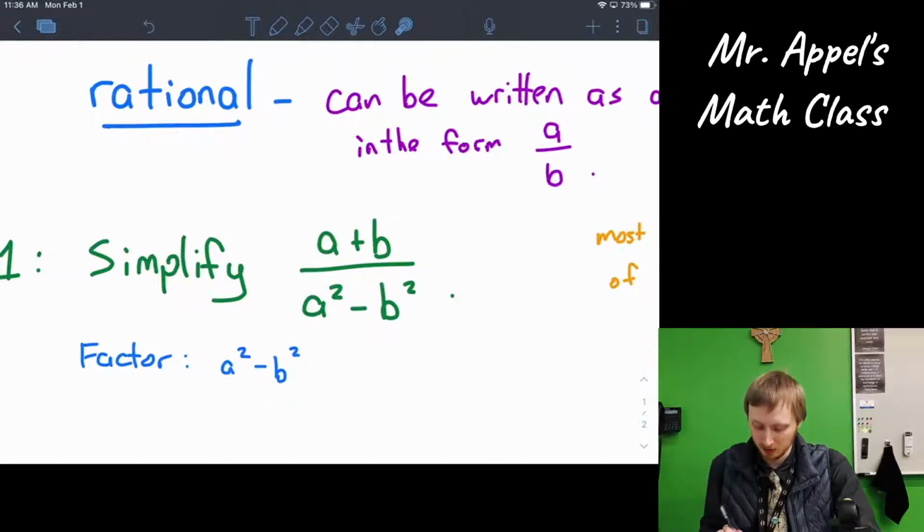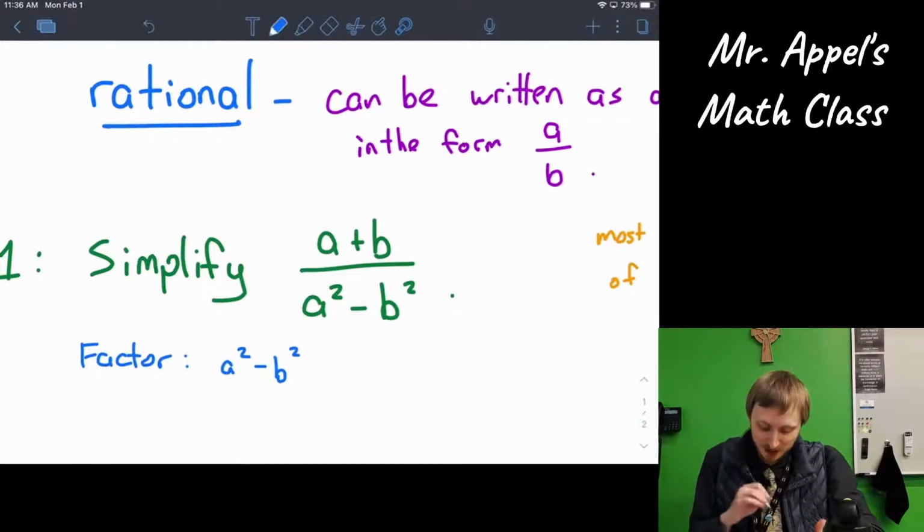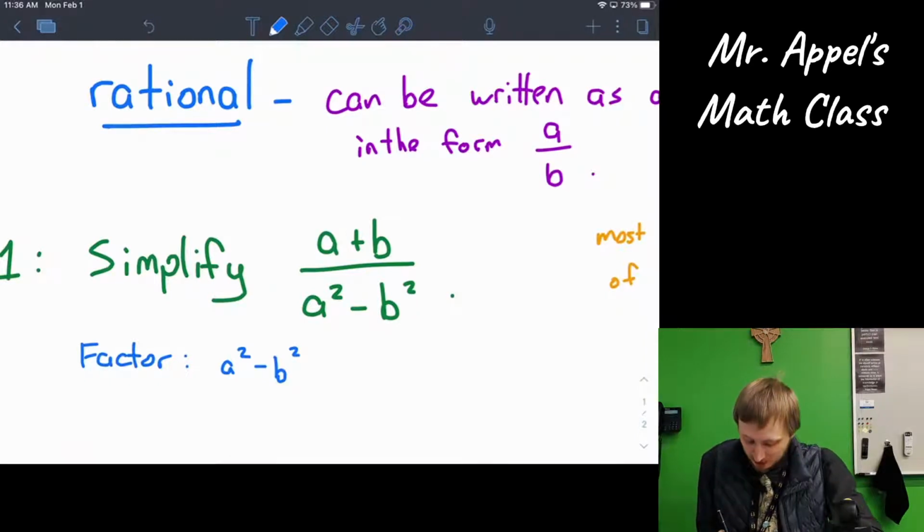Which one is this? When you have a subtraction, it is called a, not a sum, but a, and both things are squared, so that makes it a difference of squares, maybe? Difference of squares, very good, you've got it. Difference of squares.